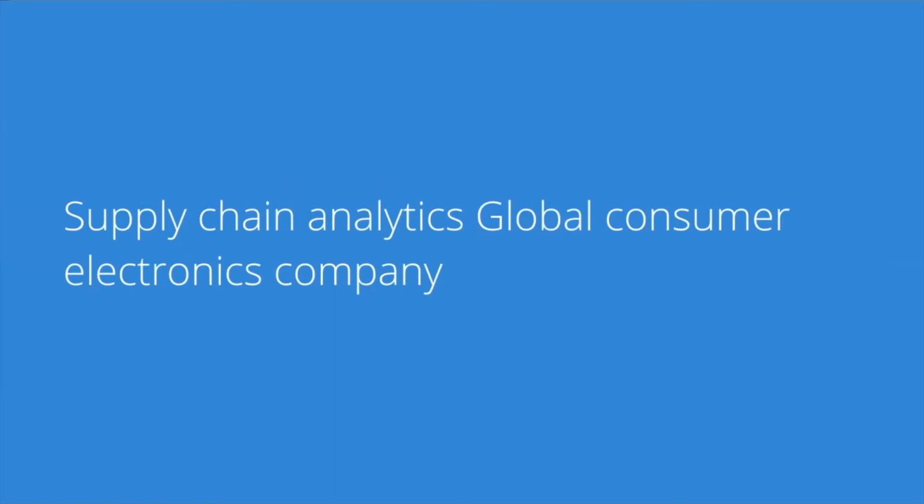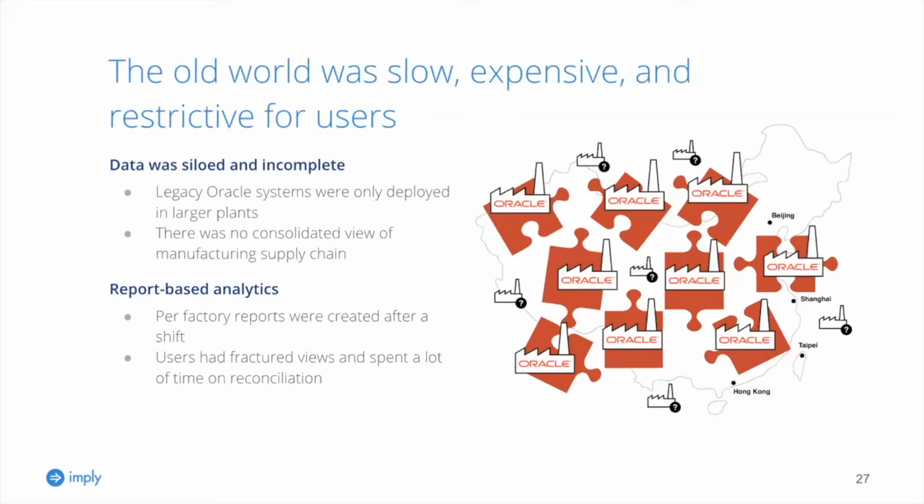Let's look at it from a manufacturing point of view. Here's a supply chain analytics company, a large electronic consumer provider, and they were using Oracle as their system in all of their manufacturing plants, in particular the large plants. There was no single consolidated view of the manufacturing supply chain.